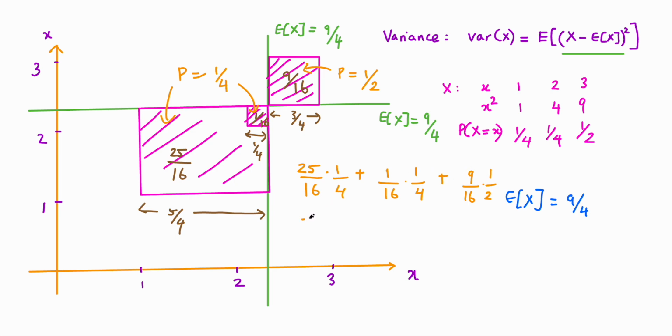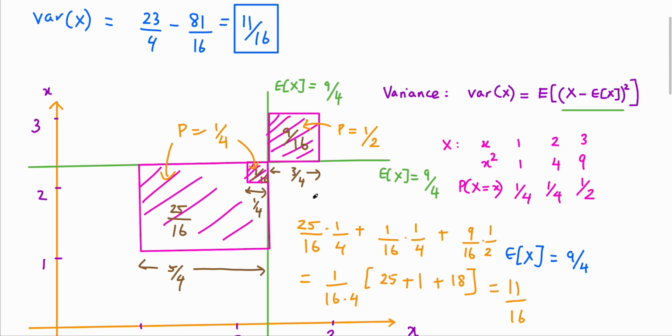Okay, I'm going to try and test my skills. This is actually one of my weaknesses. So 25 plus 1 plus 9/2 is 18/4, right? So 18. And 25 plus 1 is 26, plus 18 is 44, divided by 4 is 11. So this is 11/16. And voila, we are done.